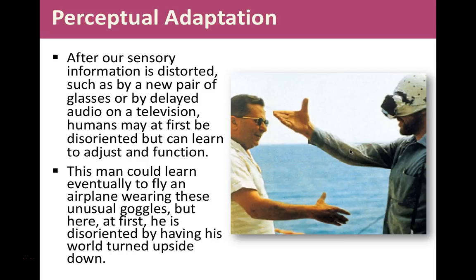People could engage in all kinds of activities, even with these glasses on. This particular fellow apparently could learn eventually to fly an airplane wearing these goggles, even though at first he was completely flipped out, because his world had been flipped upside down.